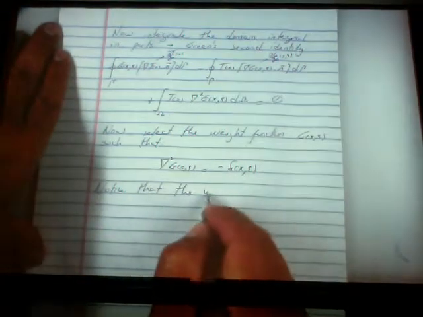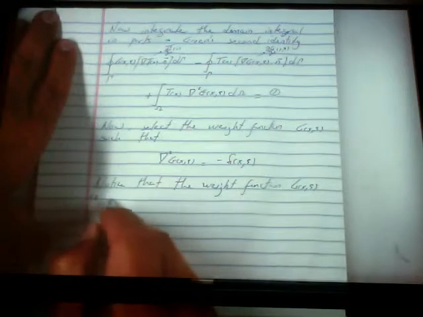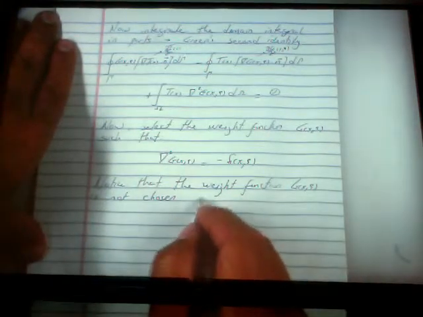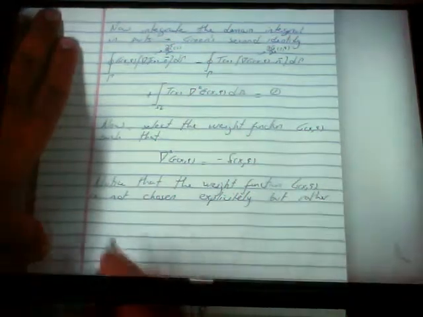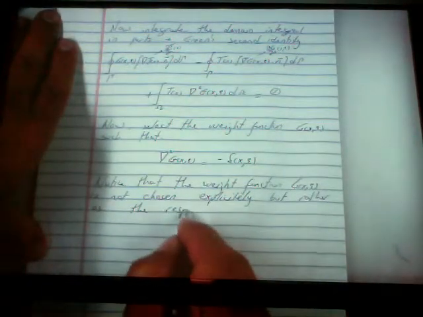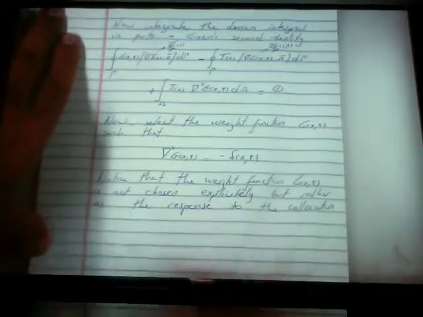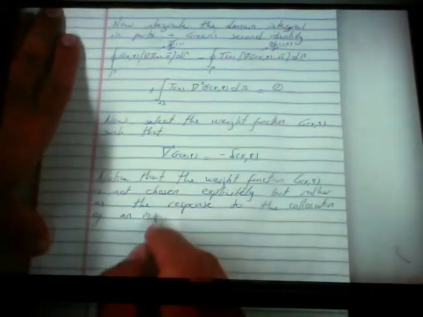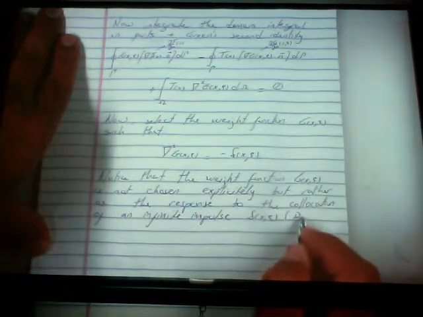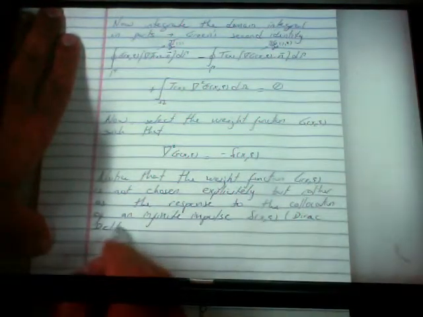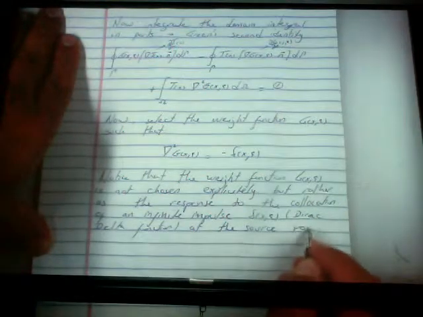So notice that the weight function g of x and psi is not chosen explicitly, but rather as the response to the collocation of an infinite impulse, which is, as we know, the Dirac delta function at the source point psi.